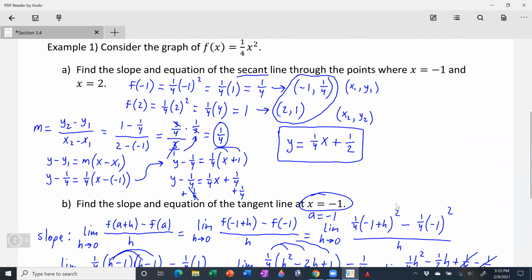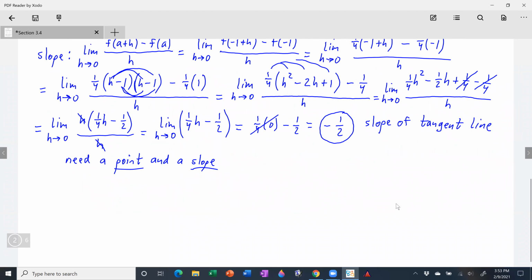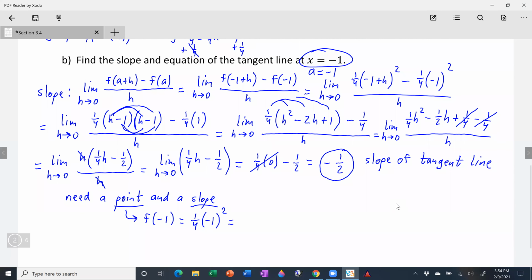And we already know what f of negative 1 is, but for the point, let's go ahead and write it. We need f of negative 1. So the function is 1/4 times the input squared. Whenever you're doing this, if they didn't give you the whole point that's on the function, they just gave you an x value, you have to take that x value and plug it in to find out the y value.